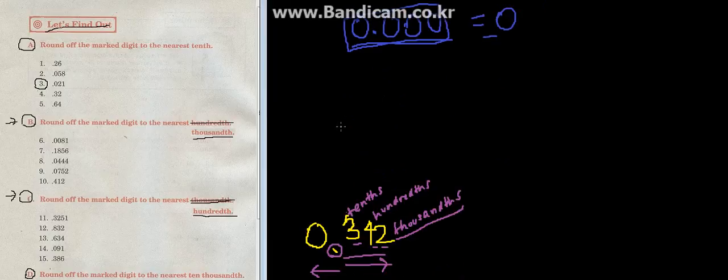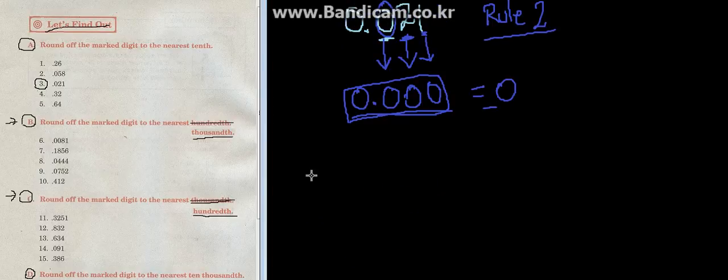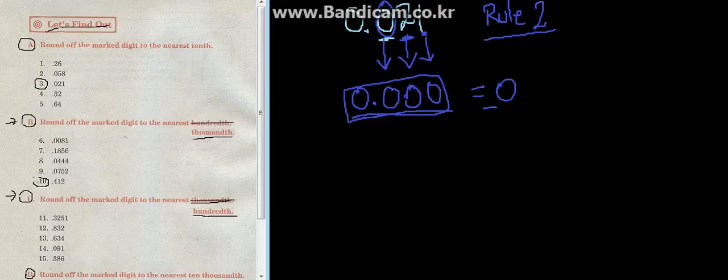Okay, let's move to Part B. For Part B, we have to round off the number to the nearest thousandth. I will work with number 10.